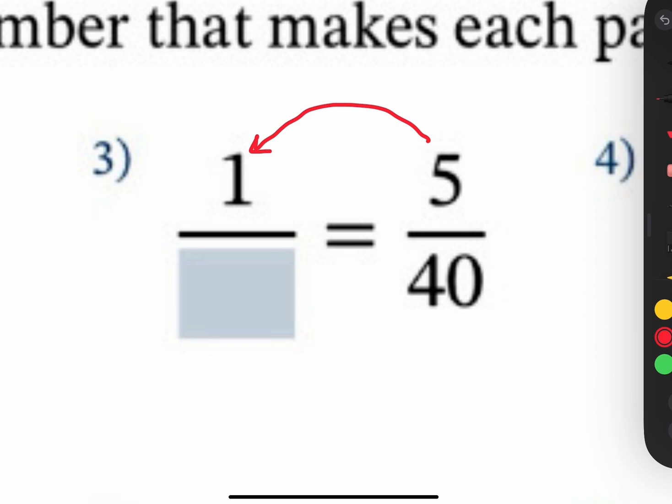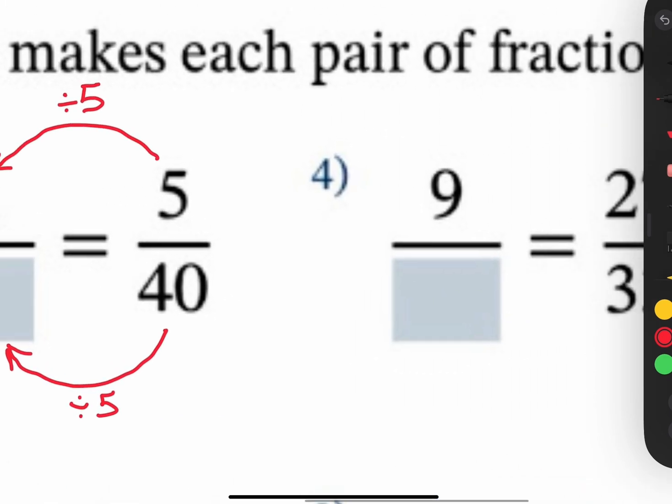Now, if I was to divide 5 by what to get 1, what would I have to divide by? 5. So whatever we do at the top, we also do at the bottom. So 40 divided by 5 equals 8.